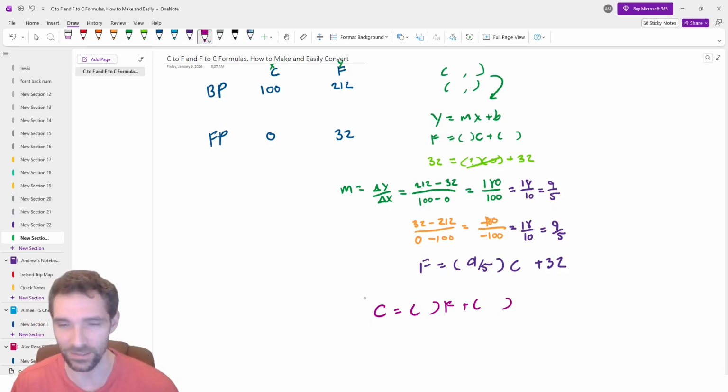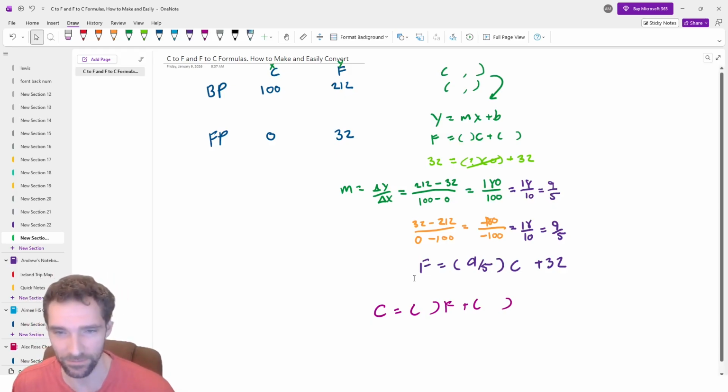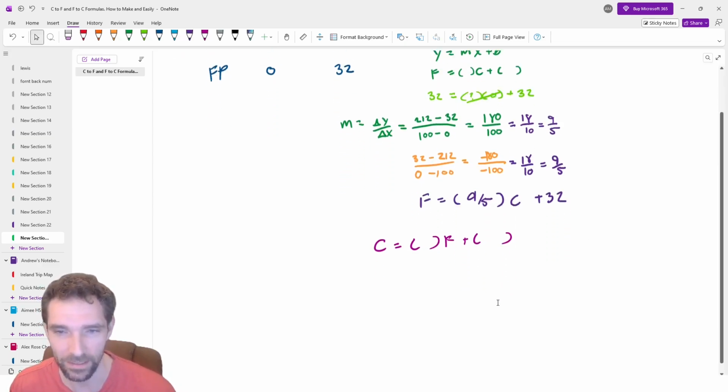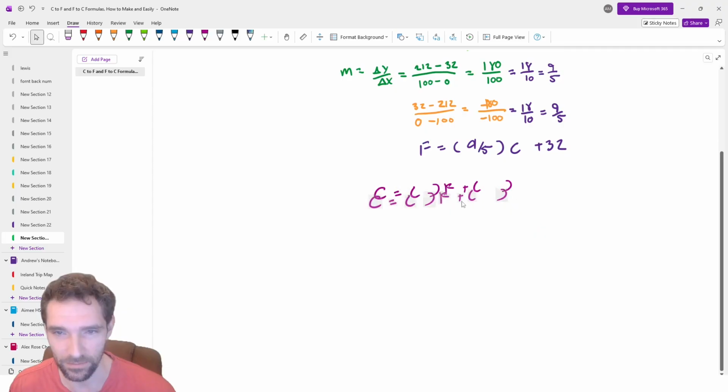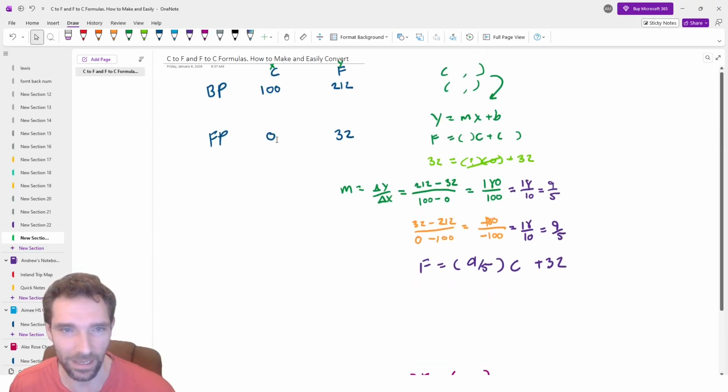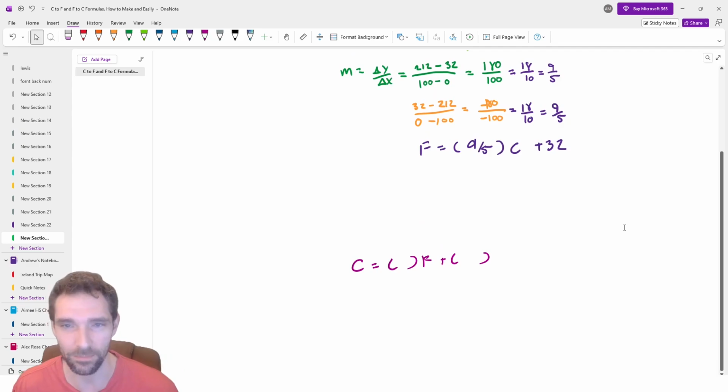Probably the easiest way to do that is rearranging what we have solved for when Fahrenheit was the y. It's a bit weird to do it from the other values because we don't have our b intercept so easy, because 32 gives you 0, and that works out nicely when we're arranging it this way, but the other way is a bit tricky.